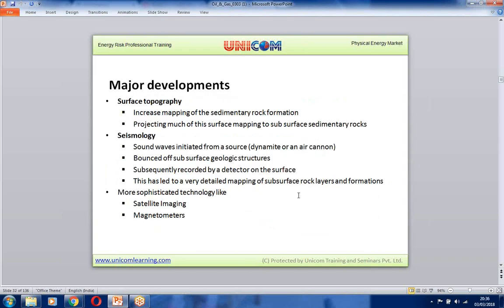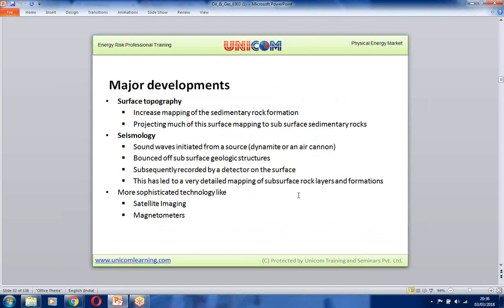These are the major developments which have happened currently: technology has become more advanced. We could talk about surface topography, increased mapping of sedimentary rock formation, and this is projected to subsurface geology as well, to identify how the subsurface sedimentary rocks are aligned, and then you predict whether there is a possibility of oil and gas resources there or not.